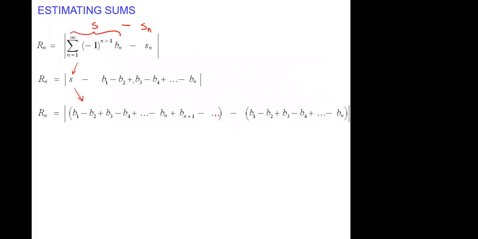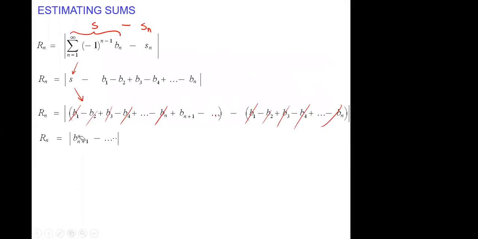You can probably notice I can cancel out some of the terms. b sub 1 will be positive, negative, and then opposite, negative, positive, and so on. That means I will cancel almost everything, but I will end up with the next term, because the entire sum still includes b sub n plus 1, b sub n plus 2, and so on, right?